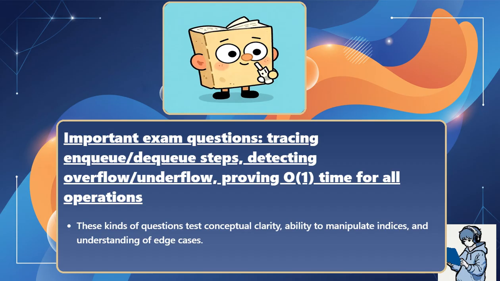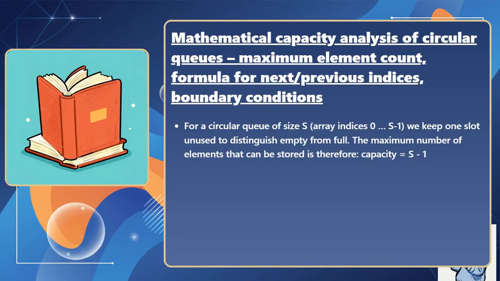These kinds of questions test conceptual clarity, ability to manipulate indices, and understanding of edge cases. For a circular queue of size S, with array indices 0 to S-1, we keep one slot unused to distinguish empty from full. The maximum number of elements that can be stored is capacity equals S-1.